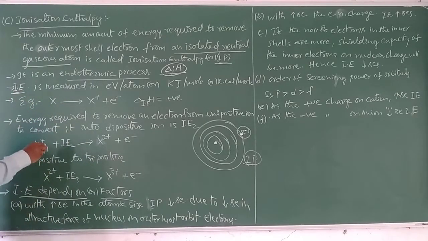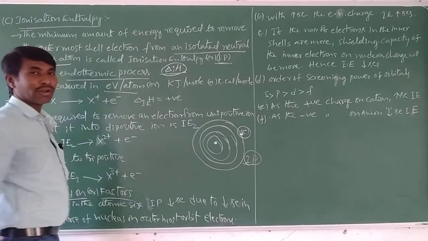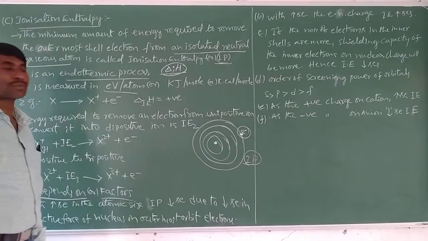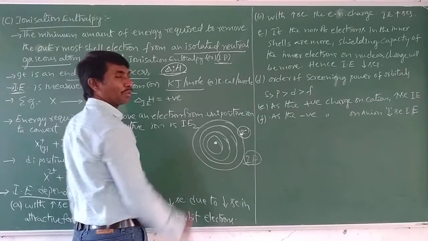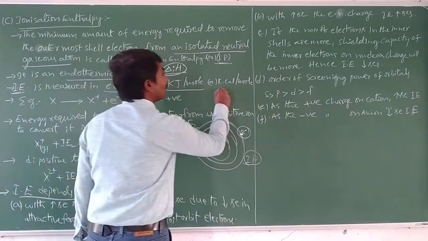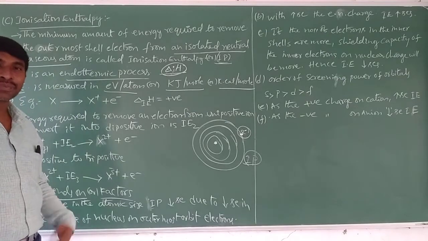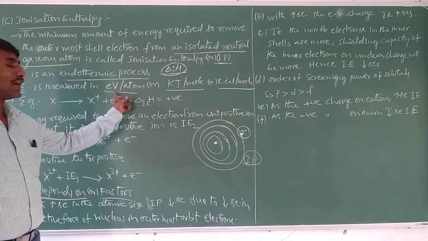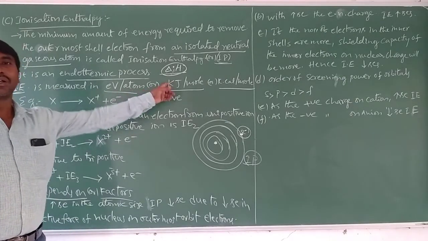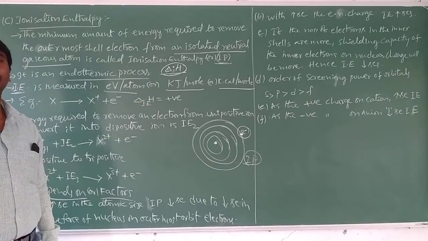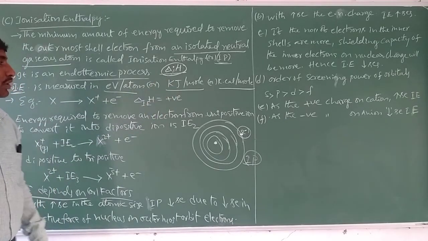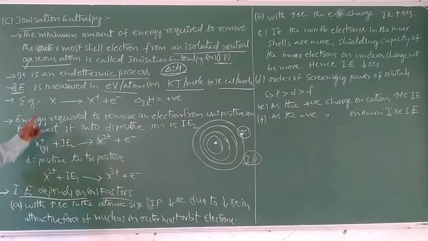Ionization enthalpy is measured in electron volts per atom, or kilojoules per mole, or kilocalories per mole.